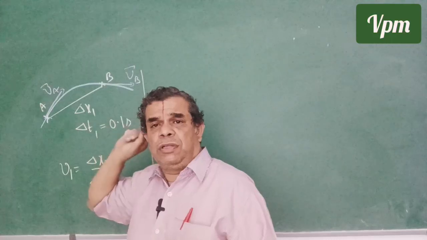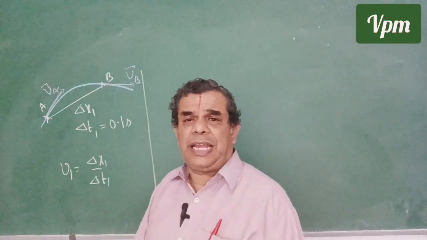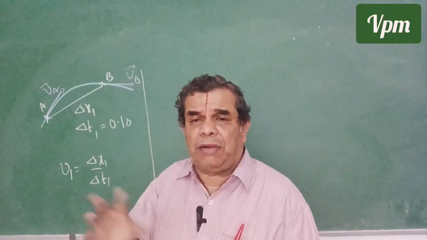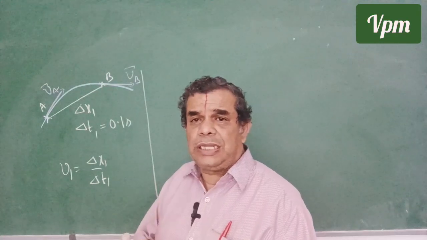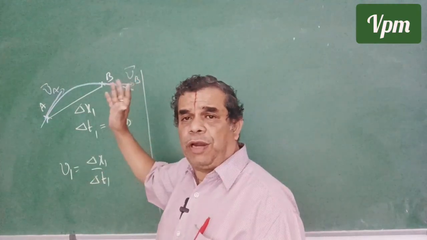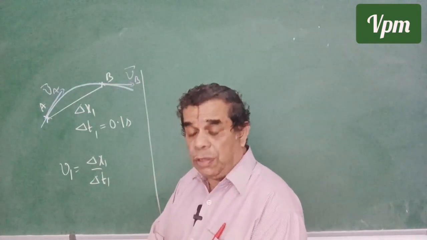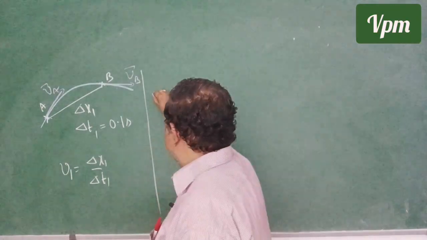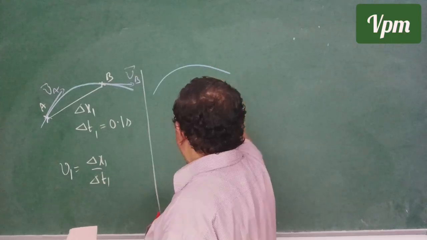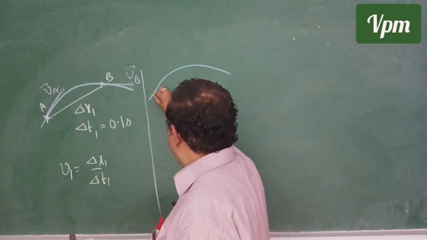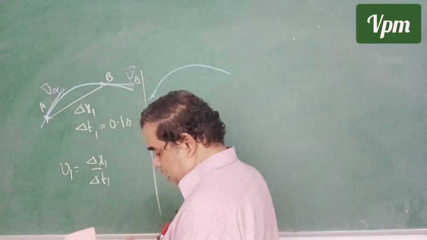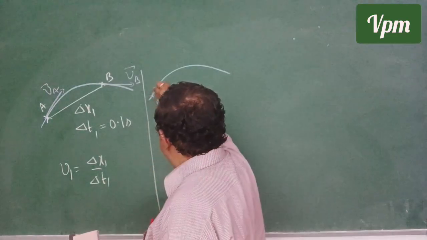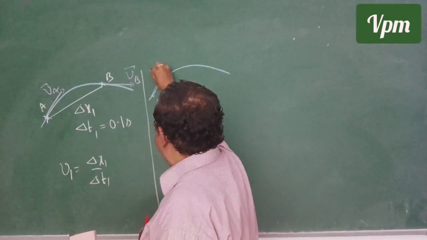So I have to look exactly at A. But once I look at A, and by the time we look at the next thing, it moves forward. So what do I do now? Next, I take the same path. At A, as it is, there's no change. We write it as VA.